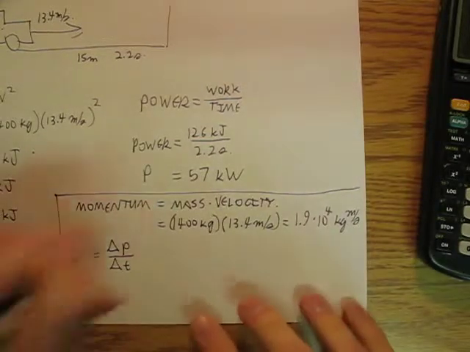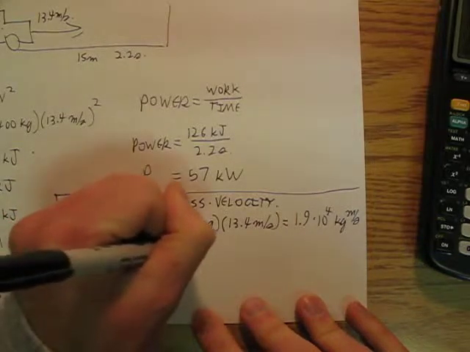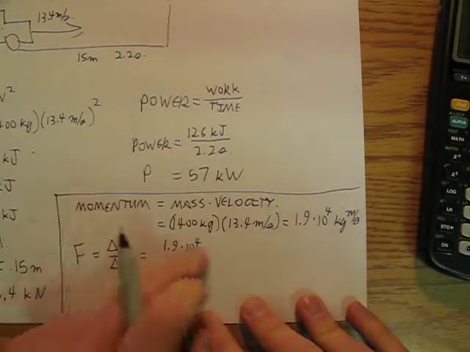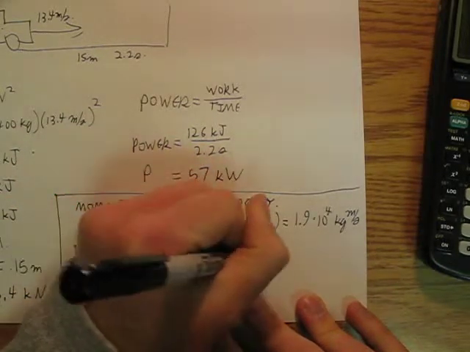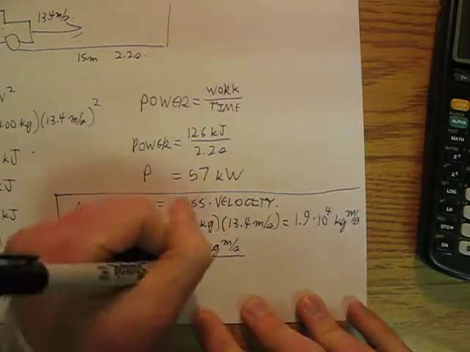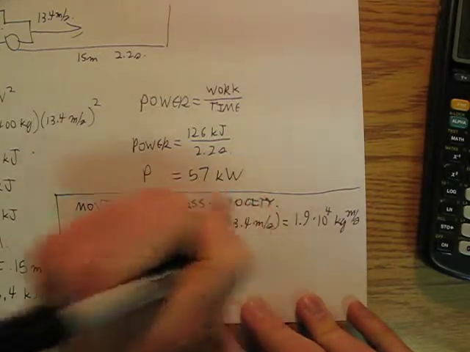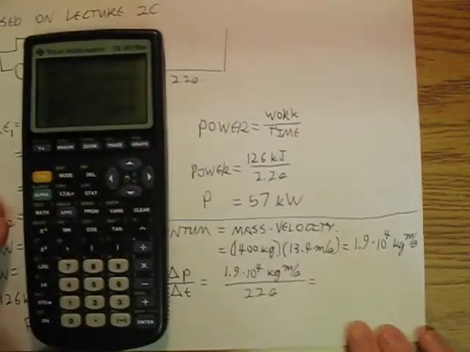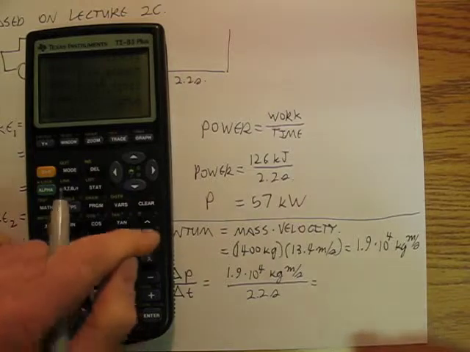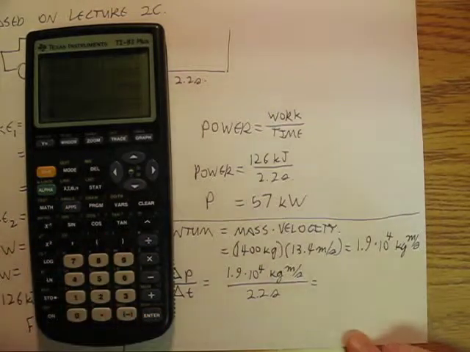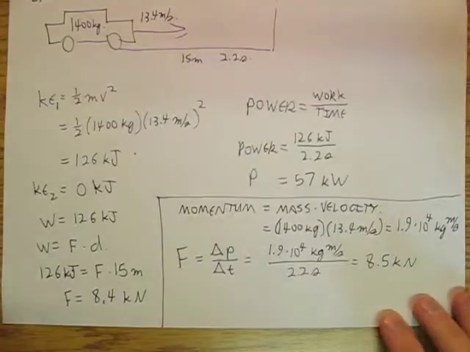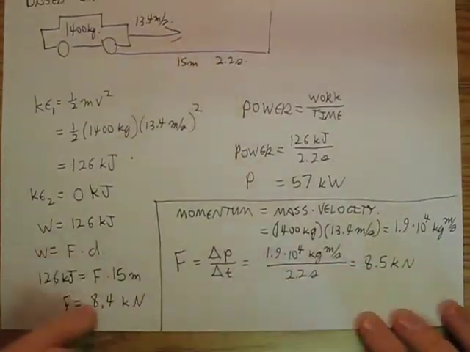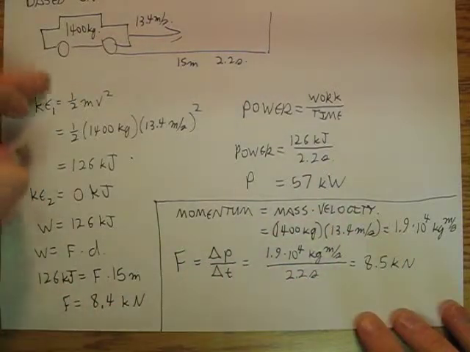So if I say that my change in momentum was 1.9 times 10 to the fourth kilogram meters per second, and I did that in 2.2 seconds, then using that calculation, I'm going to come up with a force of 8.5 kilonewtons, which is not coincidentally very close to the same force that I came up with using this method.